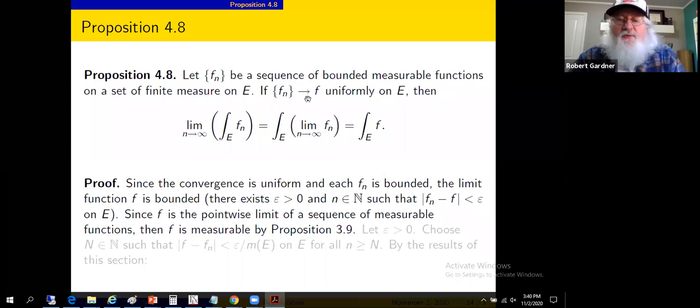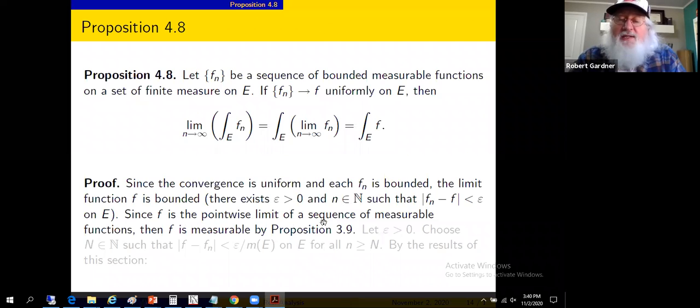If we choose n to be a natural number and any epsilon greater than 0, we can get the absolute value of f sub n minus f to be less than epsilon on that set. So that gives us the boundedness of the f sub n's based on the boundedness of the function f.